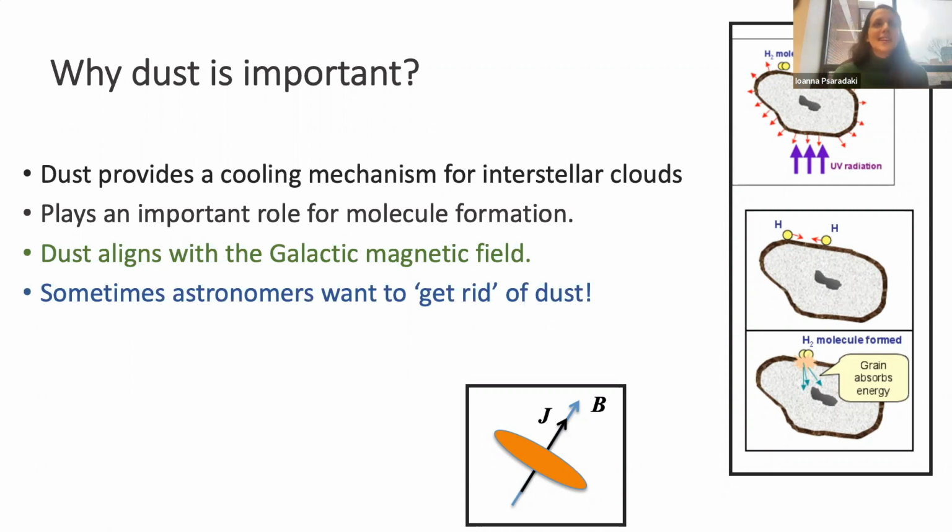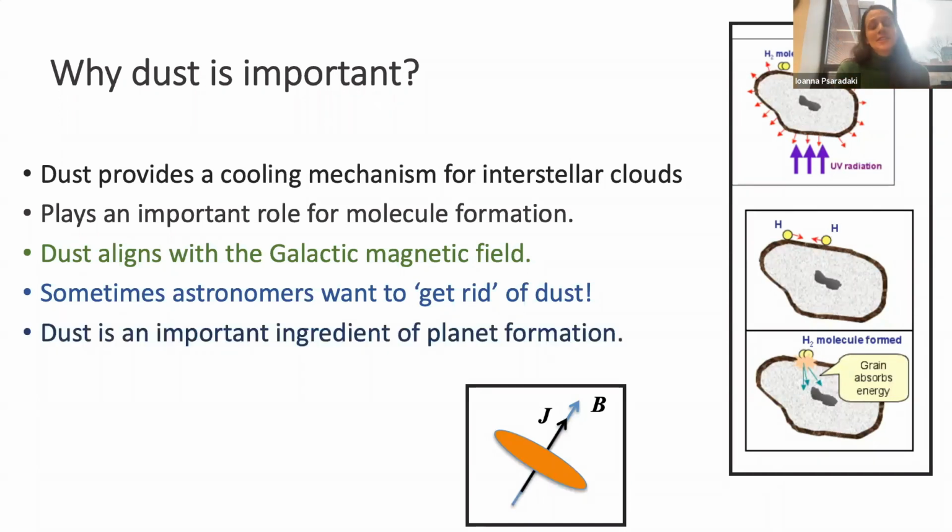Well, sometimes dust is a bit annoying to astronomers, because when you want to study, for example, the cosmic microwave background, maybe you want to get rid of dust. And also dust is a very important ingredient for planet formation, because we see some of the elements that compose the diffuse interstellar dust also in, for example, protoplanetary disks.